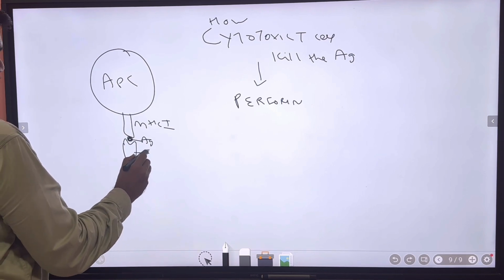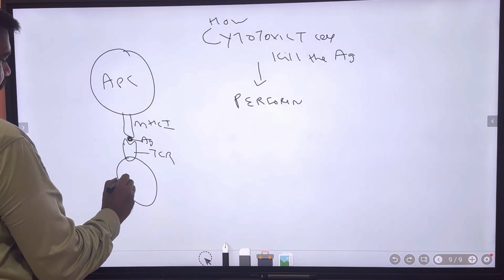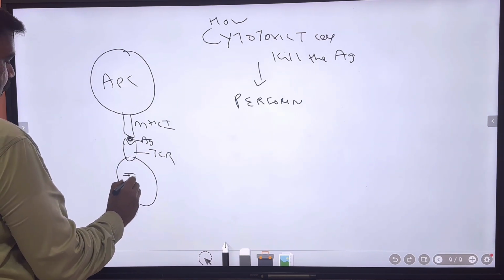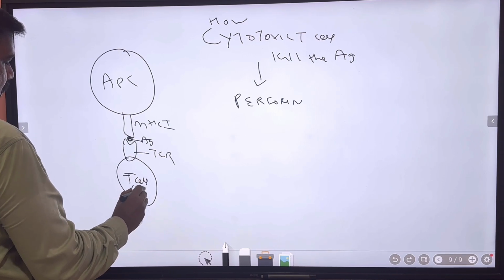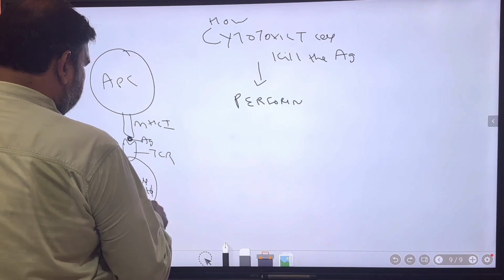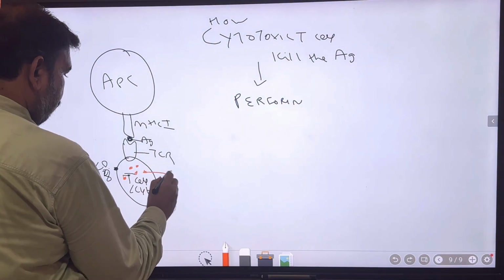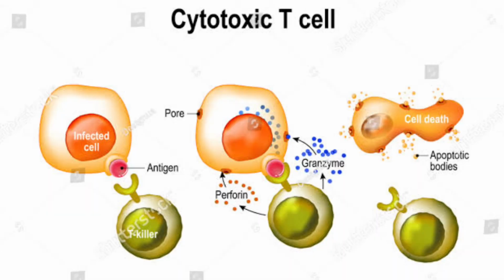This is TCR, T cell receptor. This is the cytotoxic T cell, so this will be CD8. Now what happens? Once it binds with the antigen, endogenous perforins are going to be released from the T cell.